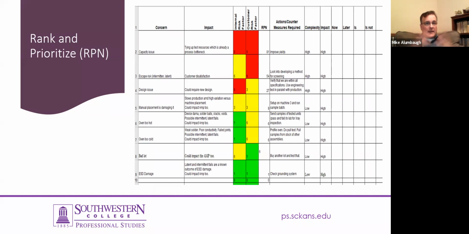Another tool that's very helpful during situation analysis, because you may not understand things and you may have to assign actions to gain better understanding, would be something like a ranking and prioritization number. This is just kind of an FMEA of sorts that I did years ago related to a problem that you will see in this presentation that can change depending on your need.